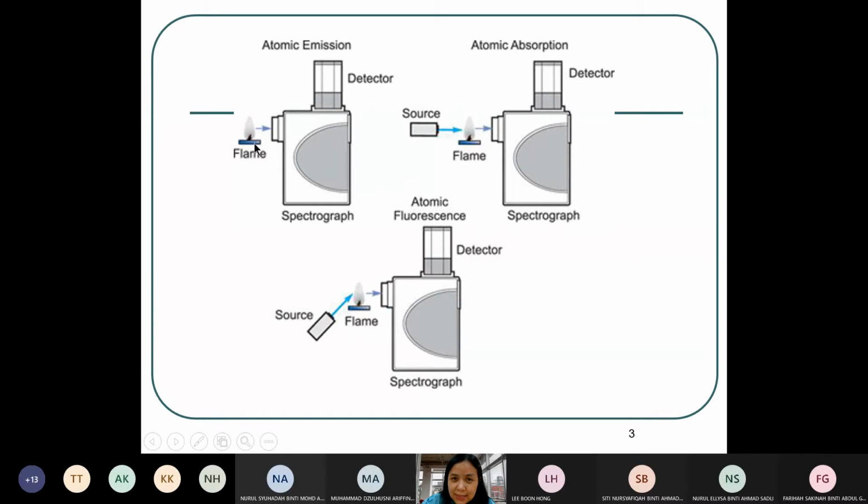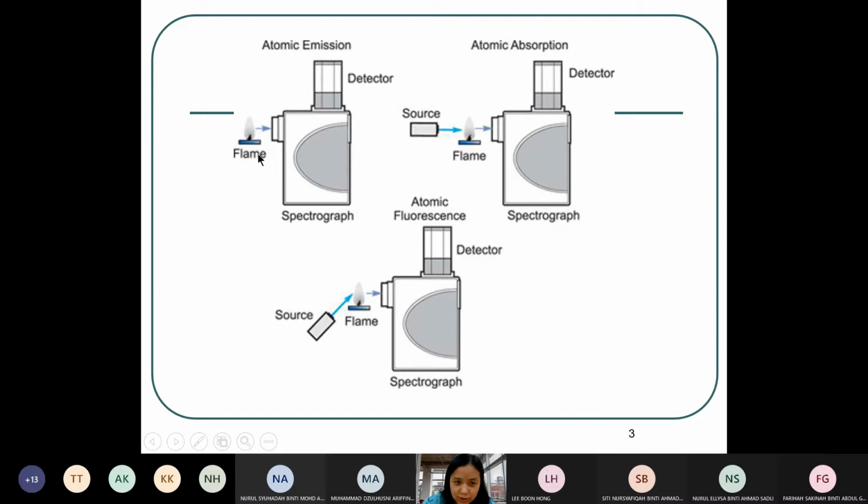We must have good control over the temperature of this energy source. If there is any slight change in the temperature, it will affect the population of the excited atoms, because this will definitely affect the signal that we detect, since the signal is the emission of electromagnetic radiation.